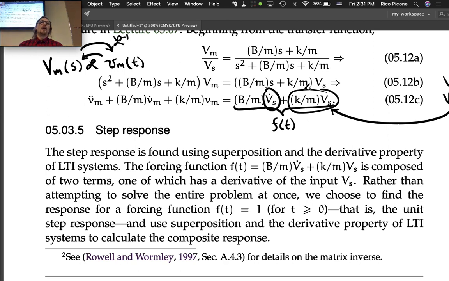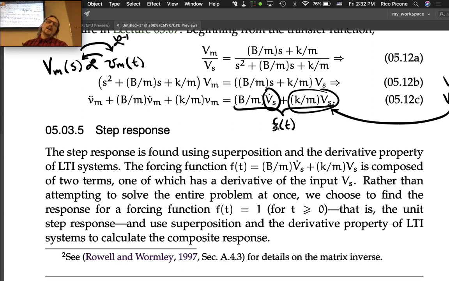We also know the solution to this problem. If we know the output for vs, then if we take the derivative of that output, we'll get what the output would be if we put in the derivative of vs. So we put in vs, and we got, say, vm1.